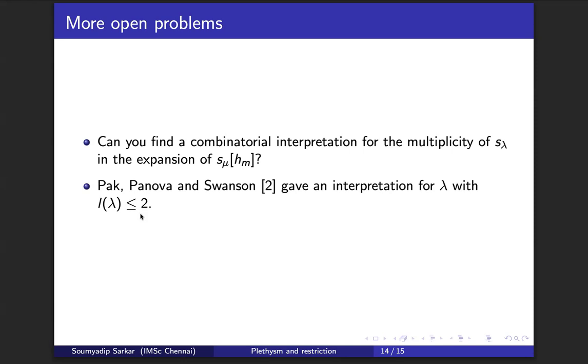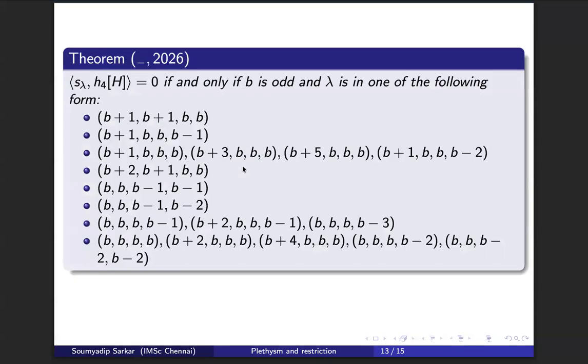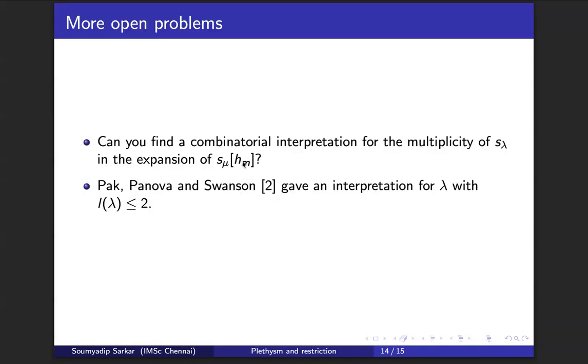I just want to emphasize that even for partitions with at most 2 rows, this is a difficult problem: how many times S lambda will occur inside S mu plethysm H m. Yeah, so I think that's pretty much what I wanted to say. So I'll stop here.